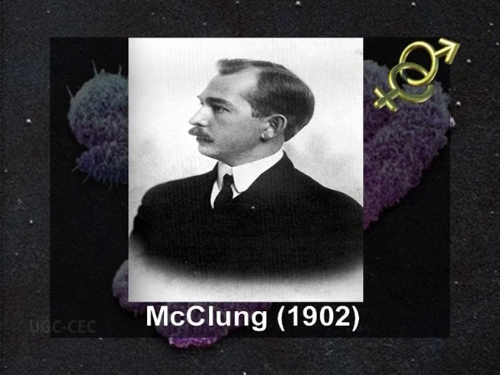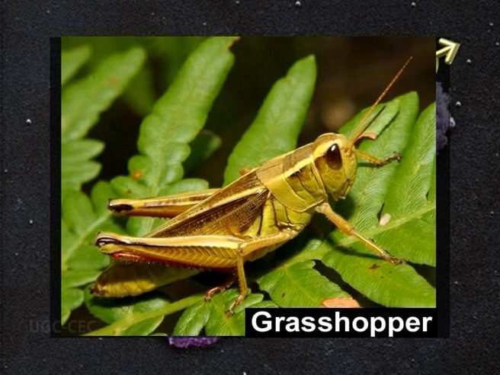The significance of the X body was not immediately understood, but in 1902, an American geneticist, McClung, who had made extensive observations of gametogenesis in grasshopper, suggested that the X body was involved in some way with the determination of sex.